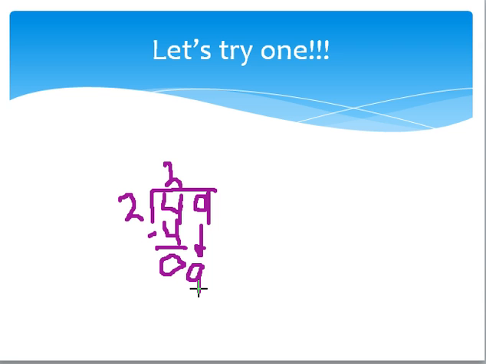So, now you must think, what is the number that can get the closest to 9 by dividing without going over?